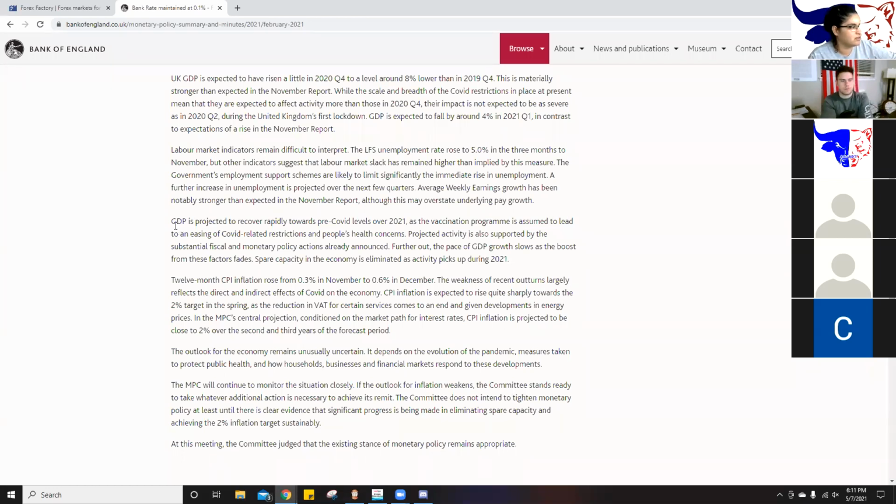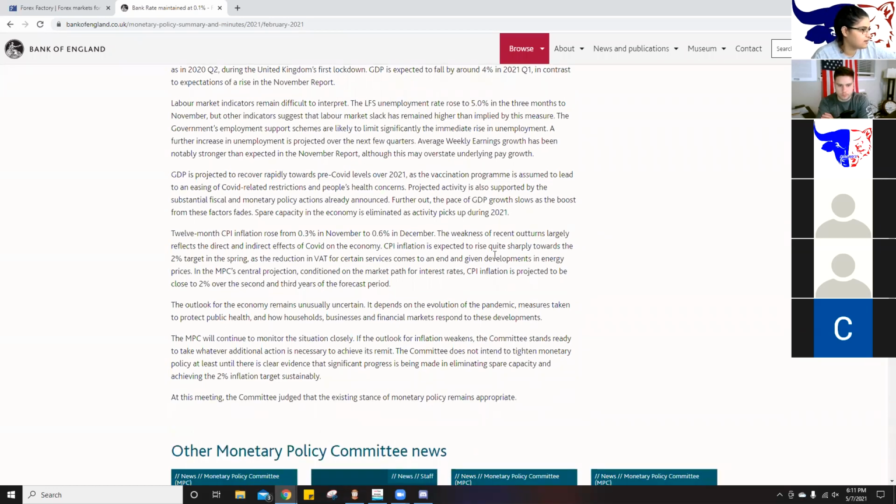But GDP overall is projected to recover rapidly, so that brings in the optimism. The vaccination program is assumed to lead to an easing of COVID-related restrictions, so that brings in optimism, right? Growth slows as the boost from these factors fades.